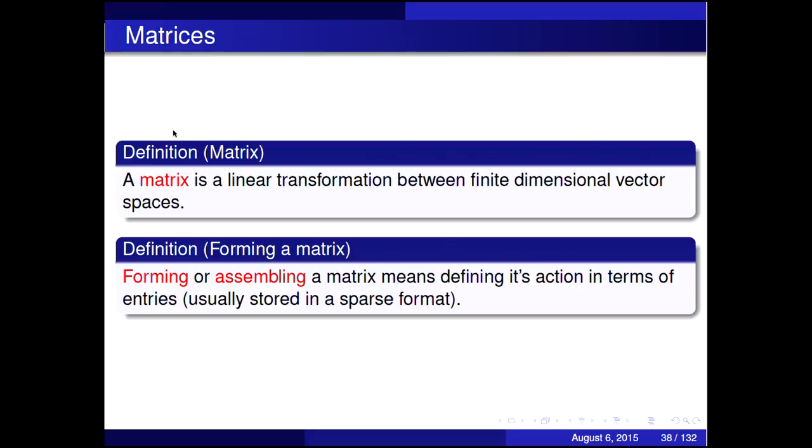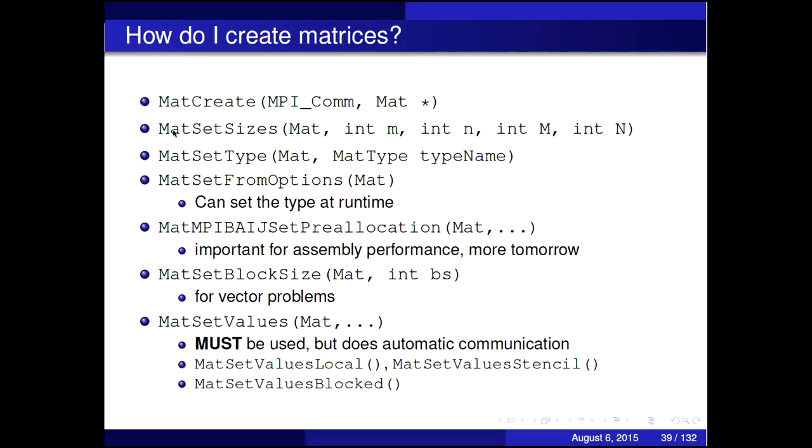So we have the same issue of forming, assembling a matrix that you have with vectors, except it's more complicated because the matrices are almost always sparse. So as with vectors, you first create a matrix with a communicator. You can set the sizes. You can set the type. You can call set from options to allow choosing the type at runtime.